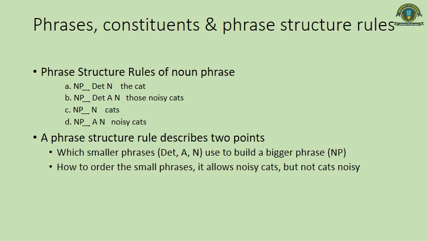And the second one is how to order the smaller phrases in a basic phrase. It allows noisy cats but not cats noisy. So we need to follow a particular rule and principle to make the meaningful phrase.